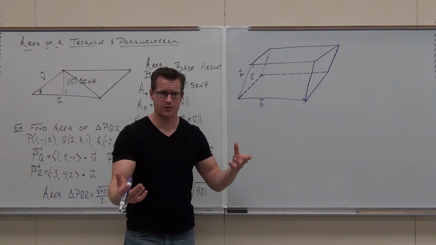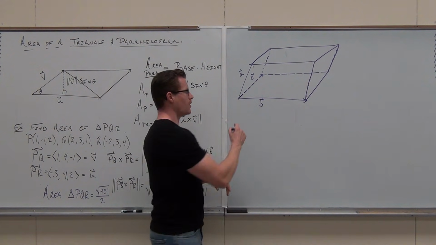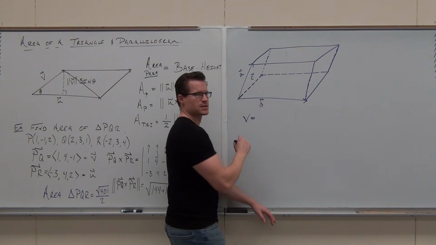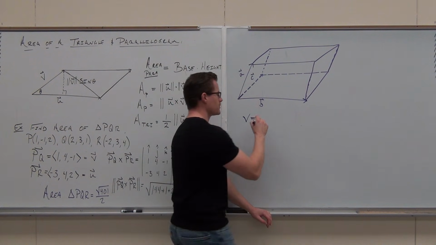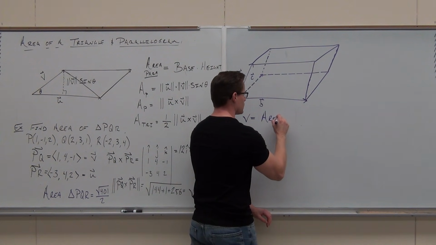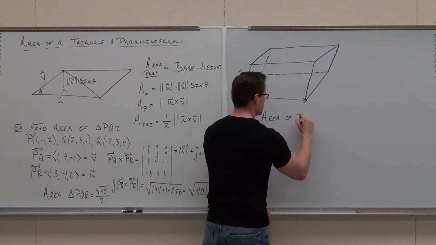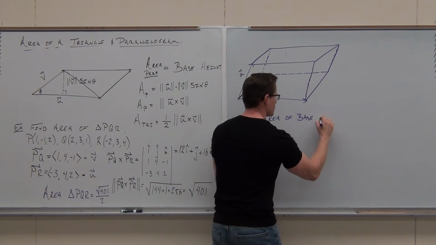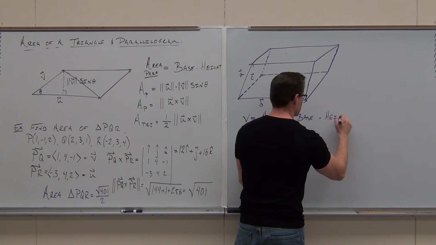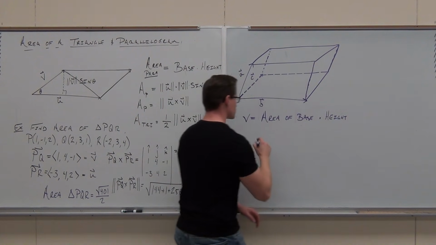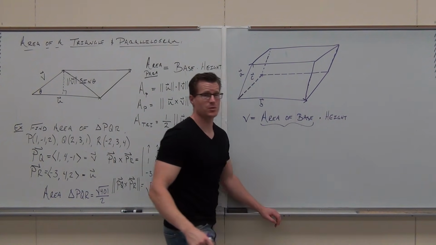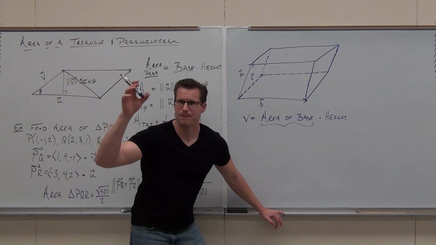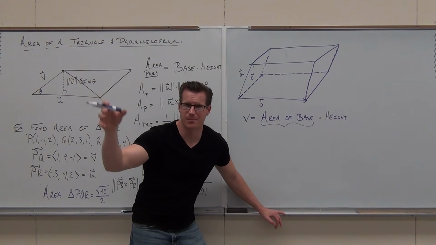Do we know how to find the area of the parallelogram? So if the volume is the area of the base times the height, that's something we already got. Everybody, what's the area of the base, when the base is a parallelogram?